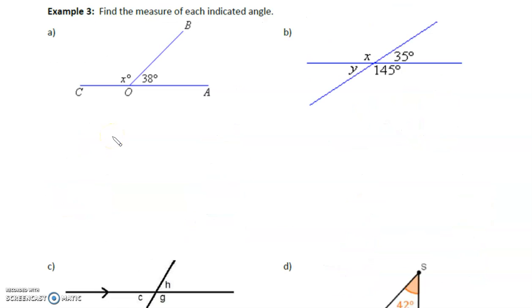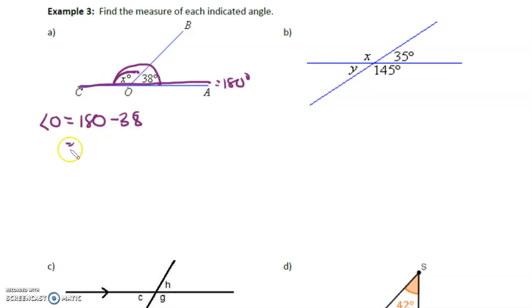Okay, example 3. Find the measure of each indicated angle. So we have angle X and we have angle 38. And if you notice, these are on a straight angle here. Straight angles equal 180 degrees. So let's go angle X equals 180 minus 38, and whatever we're left with is just going to be this X. So 180 minus 38, I get 142.